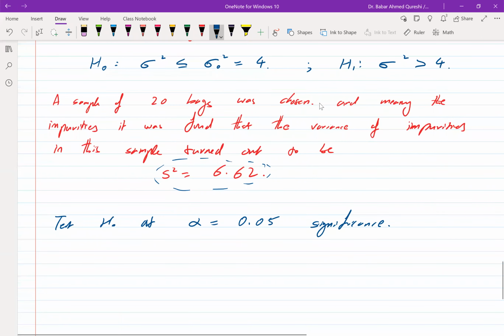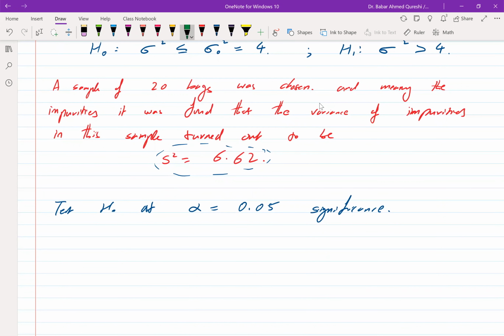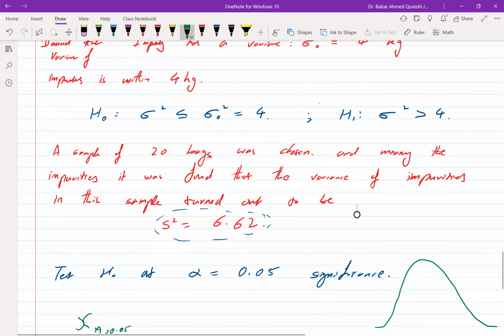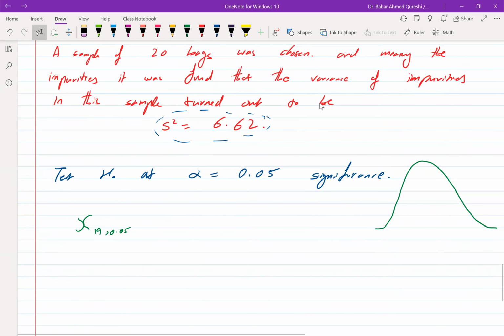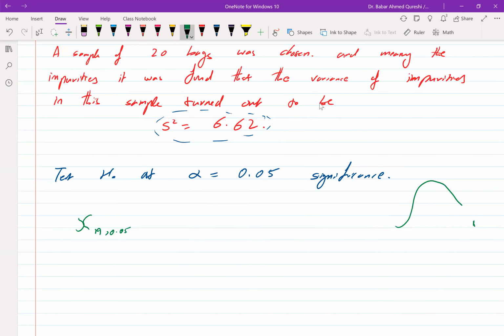So to test it, you have to first find out this critical value, chi-square 19, 0.05, and since you are testing for, your alternate is that the variance is larger than the specified value, you are looking for this critical value, which is on this end.